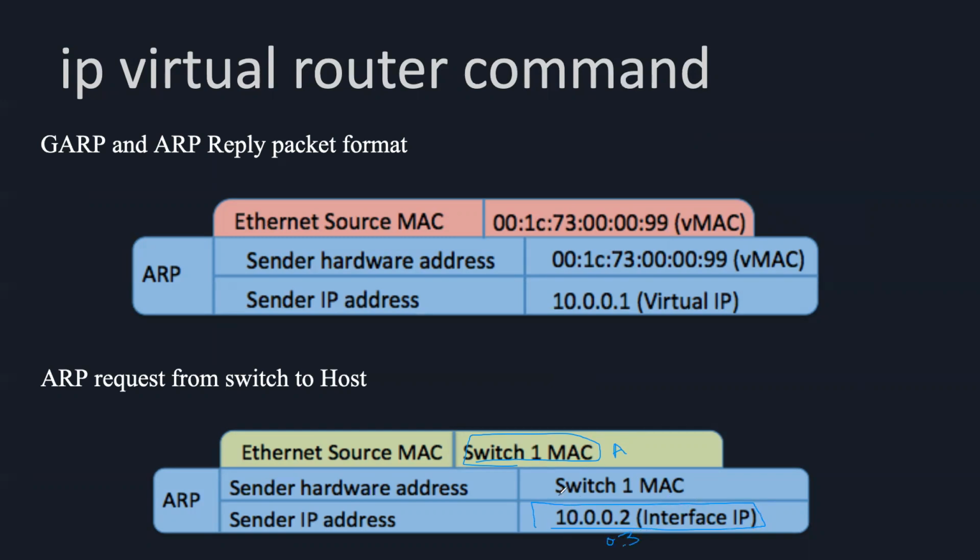But it is physical IP and physical MAC in the ARP. Is it clear? Any question on this?